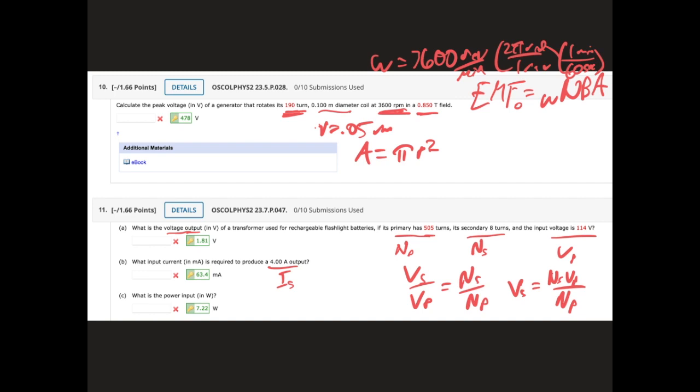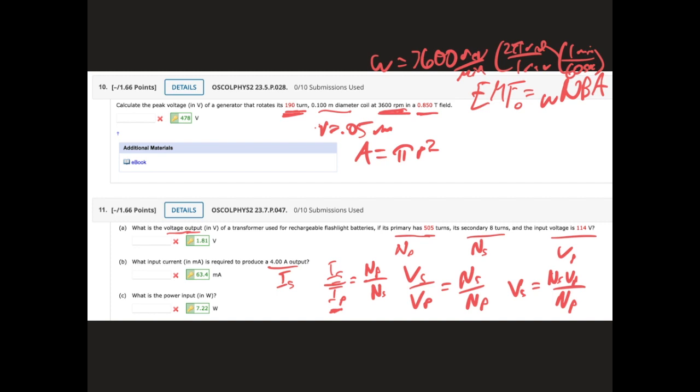So I sub S divided by I sub P equals N sub P divided by N sub S. This is right from your book or from the PowerPoint. We can solve that for I sub P and get our primary, our input current.